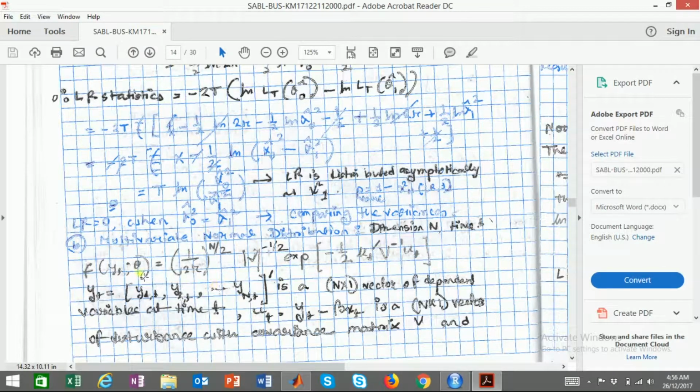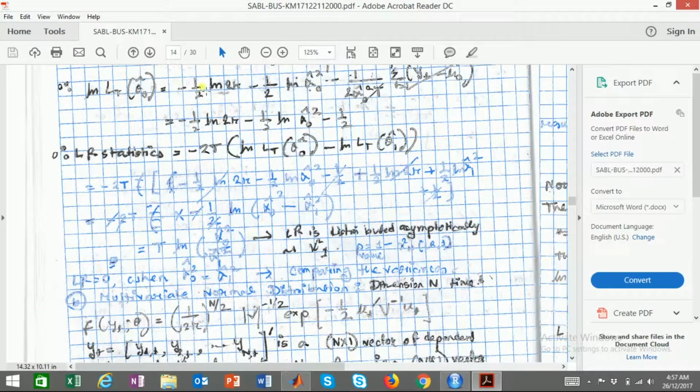In case of a matrix distribution, v half is root over v, because 1 by 2 by n by 2 is n root over n. This is because we are actually taking the root over. Just compare that with the single one.